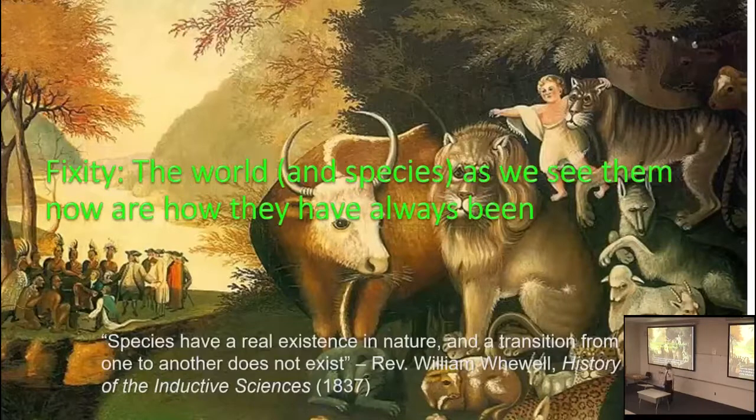Prior to that, it was typically natural philosopher or men of science. Part of it, he said, there weren't actually women doing science. And also he wanted to compare it to artists and so forth. Whewell talks about species having a real existence in nature, and the transition from one to another does not exist.